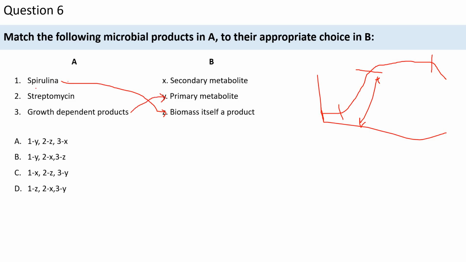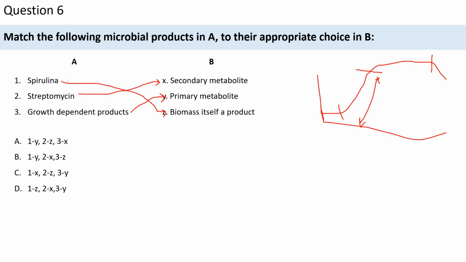Okay, whereas streptomycin, which is an antibiotic, is called a secondary metabolite, because first the cells have to grow, right? Then only the cells will produce antibiotics. Say for example, your organism is present in nature, in the soil, where many other organisms will also be present.